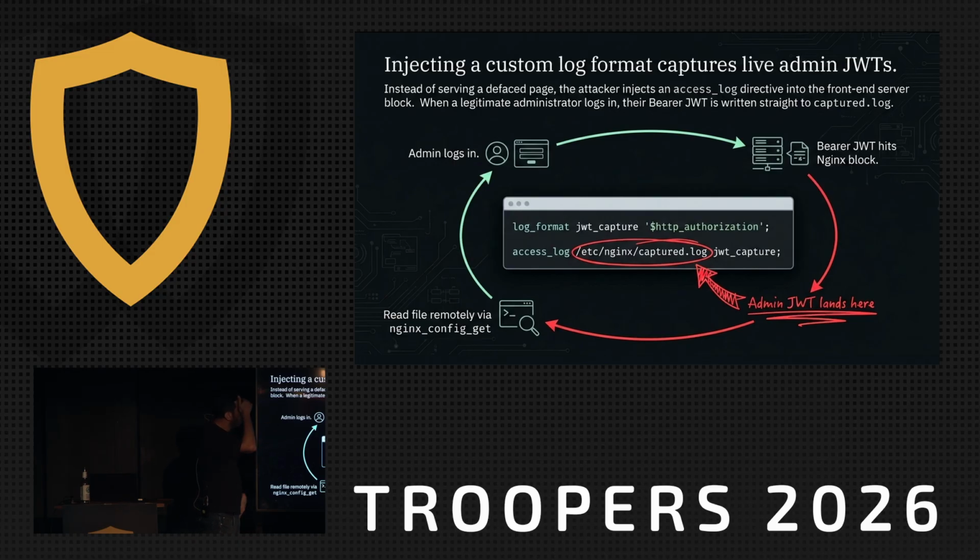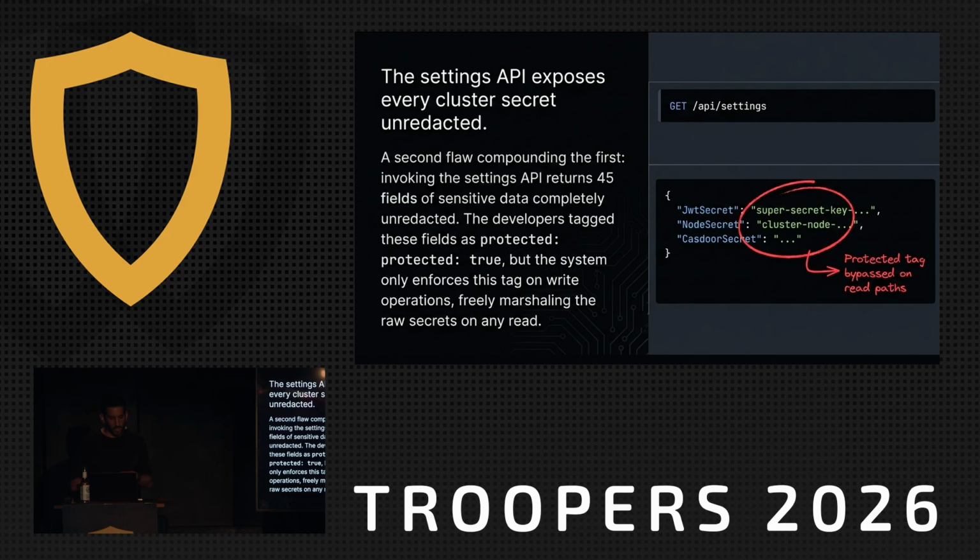In this case, what we found is that we can use the configuration in order to set up logging. So the next time that an admin, or the user, interacts with the Nginx UI, the JWT gets logged, and then as an attacker, I again can access it, and then I can use the JWT in order to authenticate as an admin.